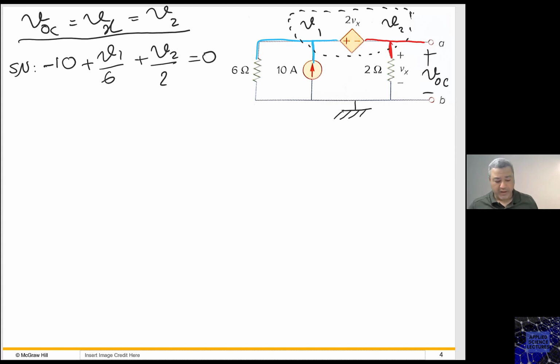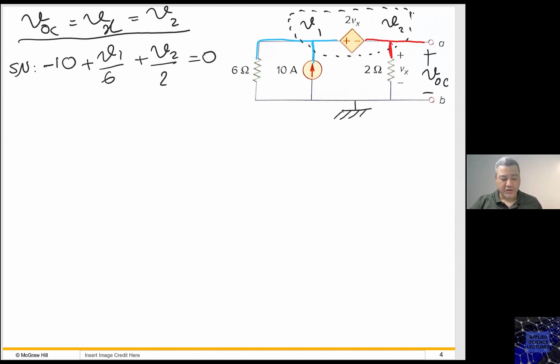Let's see. Yes, indeed. V1, the terminal of the Vx, the blue one, is higher than the red one by 2Vx. This is what the voltage source is doing. It creates a potential difference such that the terminal with the positive symbol is higher than the one with the negative symbol by whatever this voltage source is generating.